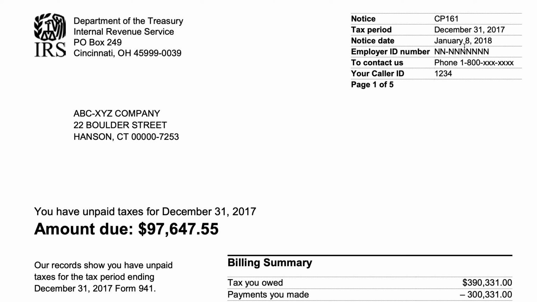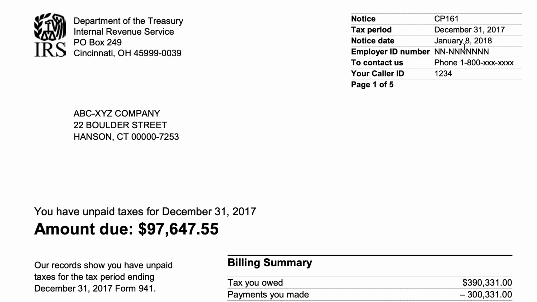I always encourage people to pay attention to the notice date, because if there's any action required, in this case paying your tax bill or contacting the IRS about your tax bill, there's usually a timeline attached to the notice date. For example, if you want to object in writing, in most cases you have up to 60 days to do that.